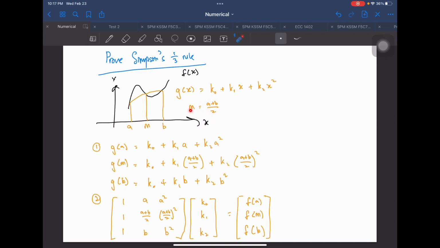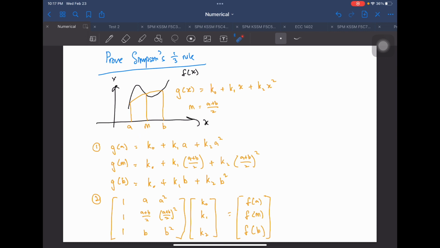What's the first step? Since there are 3 unknowns here, k0, k1, k2, we need 3 equations to solve this. So we have 3 points here, and we just substitute these 3 points into g(x).